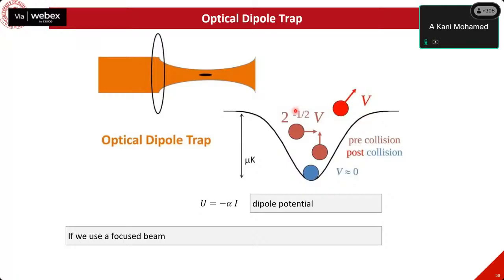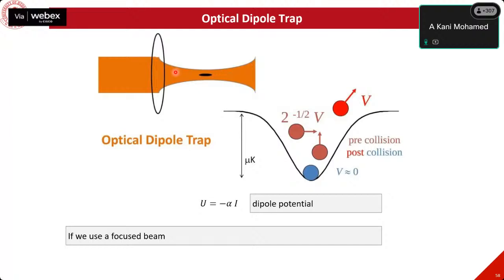And we have already cooled the atoms to a sufficiently low temperature, so they can be trapped. Now the cold atom can be trapped in this optical trap. The intensity variation is not just in one direction.